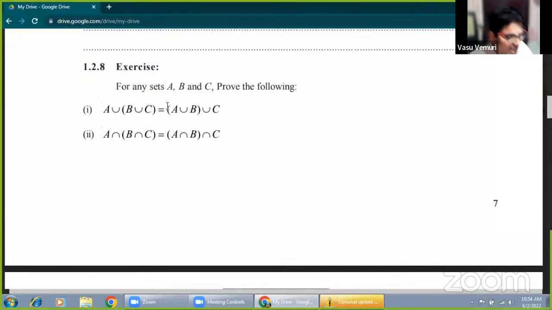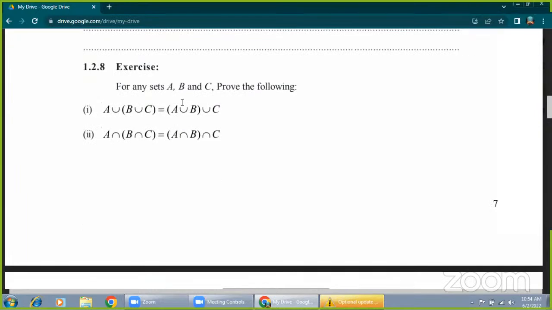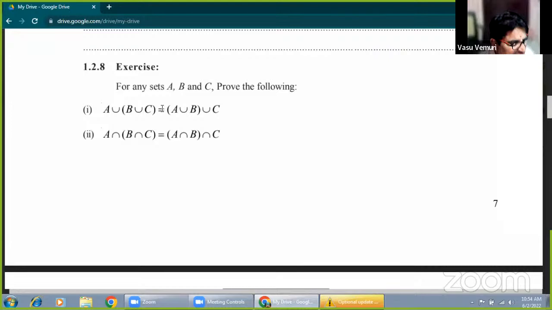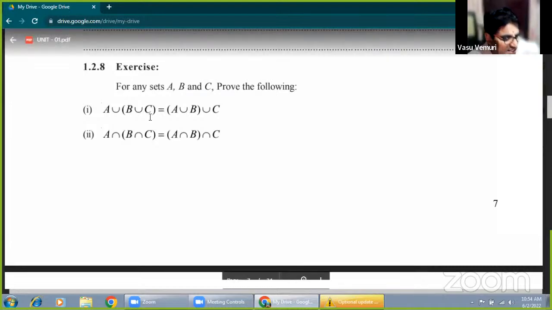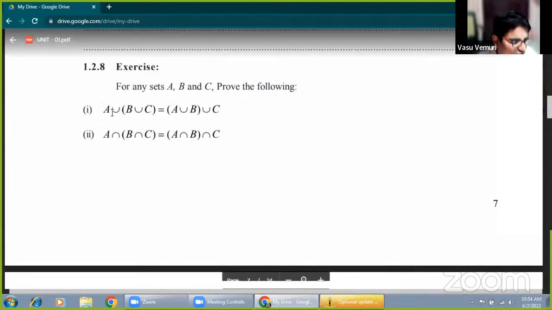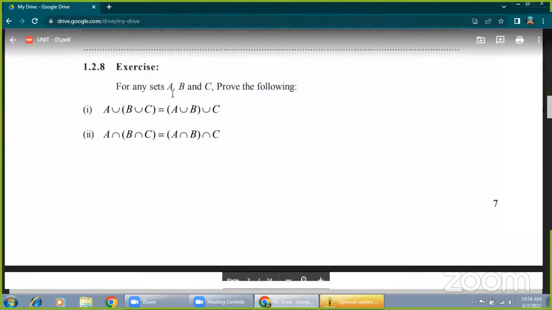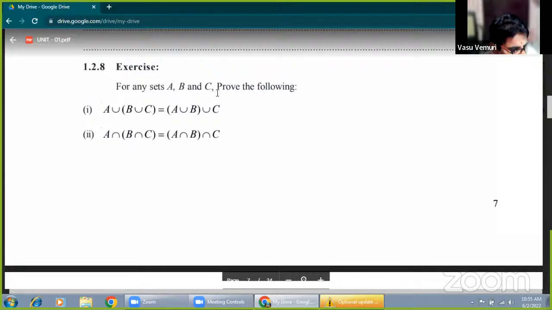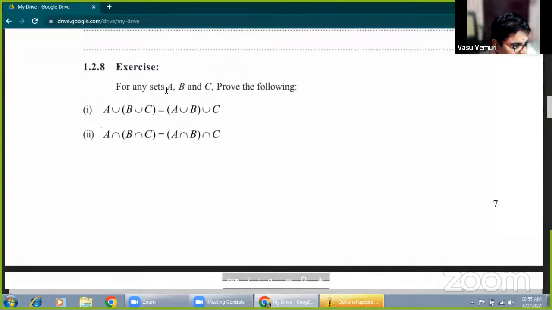Now these problems were also well practiced in the previous classes, and there are some exercises and formulas irrespective of union and intersection. Suppose A, B, and C, three sets here.